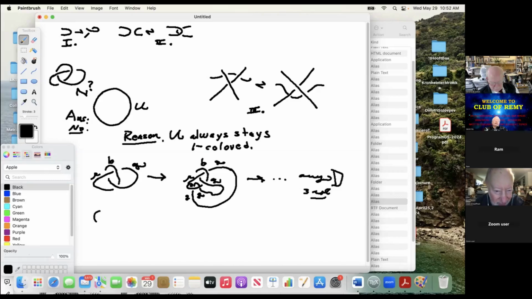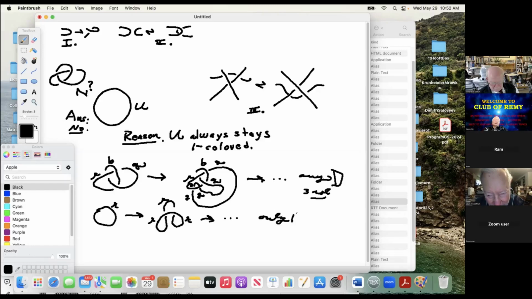Now, if you started with the unknot and did the same thing, say this is colored red, and then you push it through itself like this, red, red, red bumping into red is red by our rules, you see, and it keeps on going, and only one color. So by coloring it, we understand that this belongs to a different clan than this one.